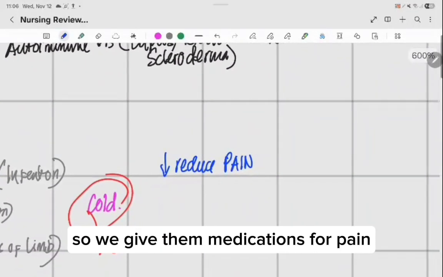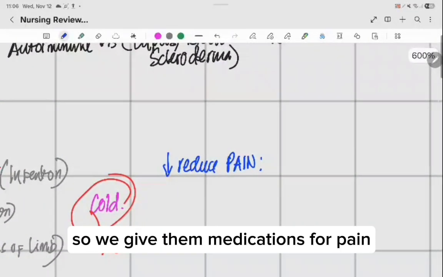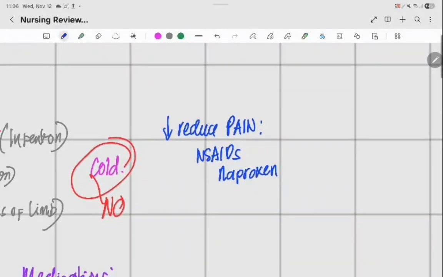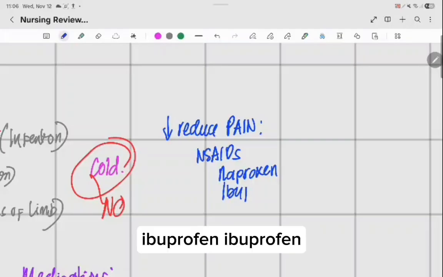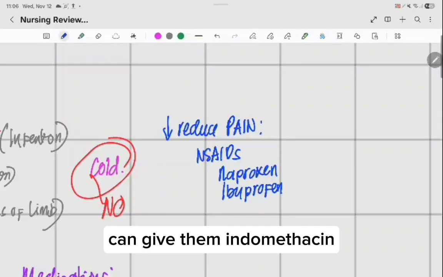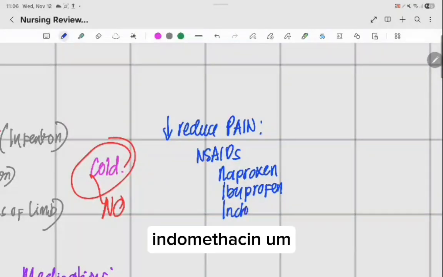So we give them medications for pain like your NSAIDs. Okay, naproxen, ibuprofen. Can give them indomethacin.